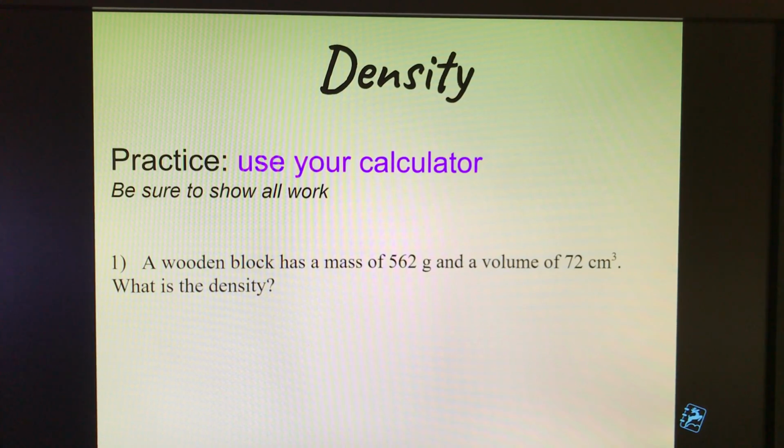So I want you to go ahead and try this problem. Be sure to show your work. A wooden block has a mass of 562 grams and a volume of 72 centimeters cubed. What is the density?